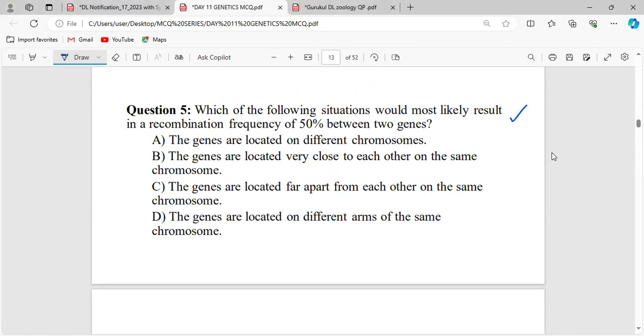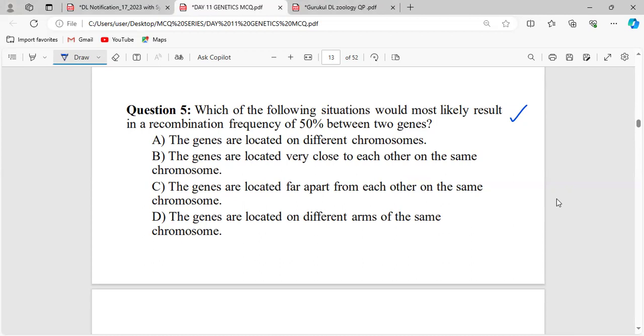Which of the following situations would most likely result in a recombination frequency of 15% between the two genes? Anyhow, I'm going to explain linkage, crossing over and recombination frequency, everything.